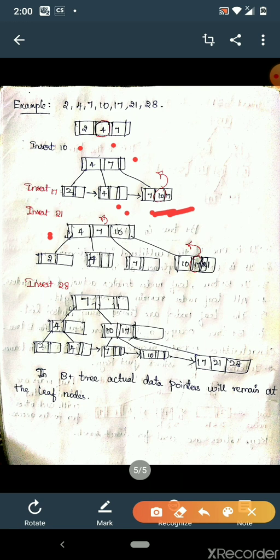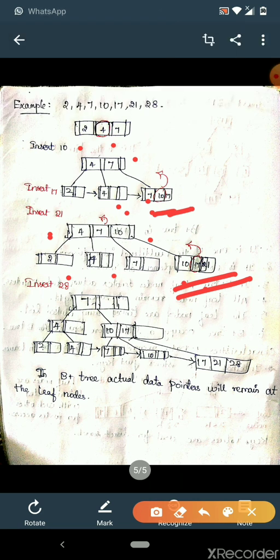So here at the left side of the root 4 you have 2, right side you have 4, and the right side of 7 you will be having 7, and the right side of the 10 you will be having 10, 17, 21. So here the node is full, so the in between value is moved as the root node.